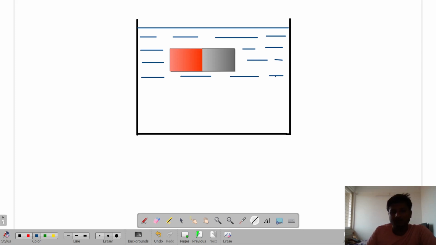Then you tell me from where mg is working, and draw the free body diagram of the body. Just draw the free body diagram.